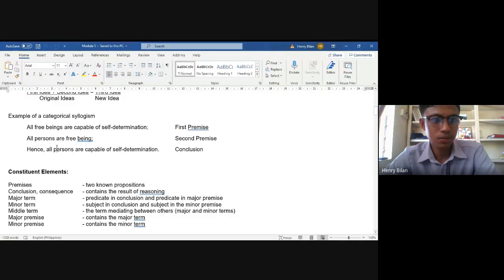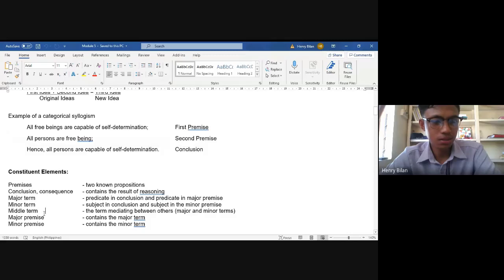So that's how to locate or identify the major and the minor terms. In the conclusion. If you're asked to identify or determine the major and minor terms, go directly to the conclusion, not to our major or minor premises.